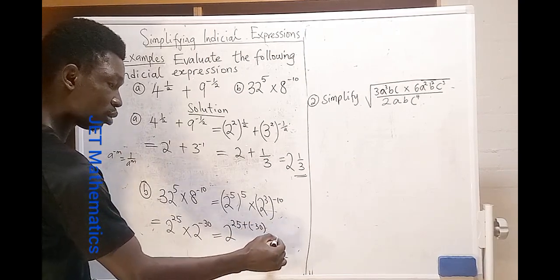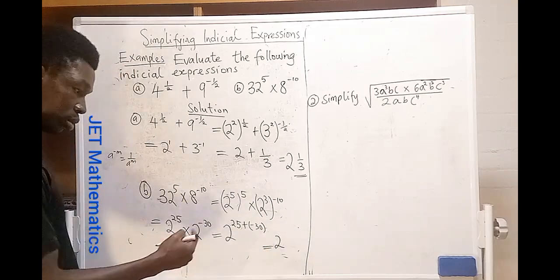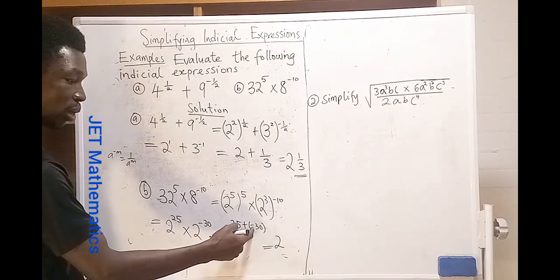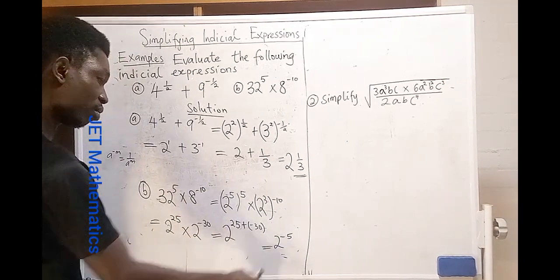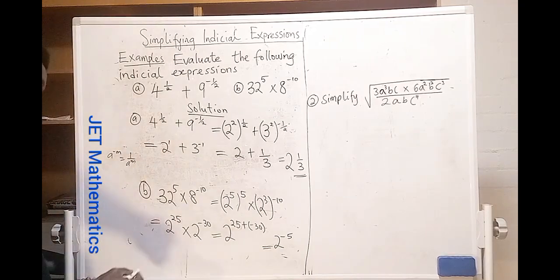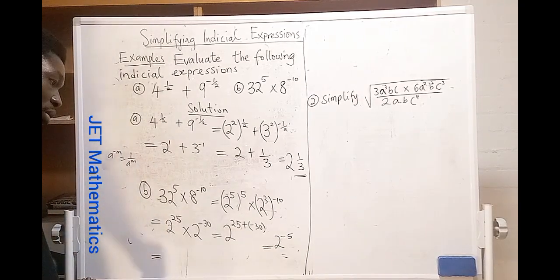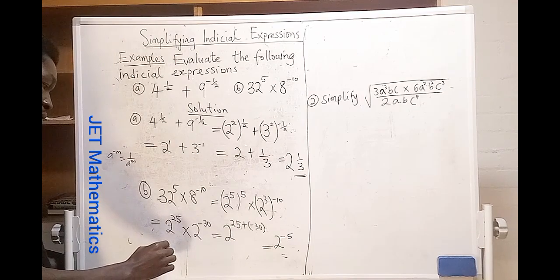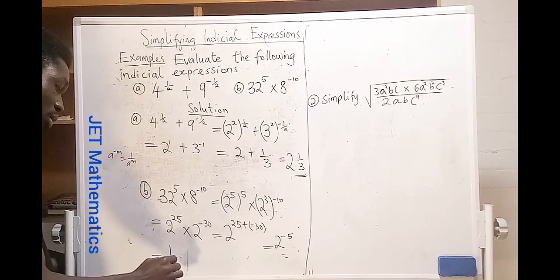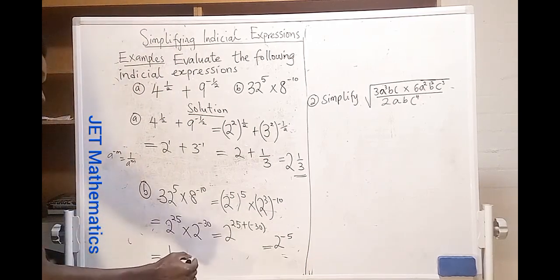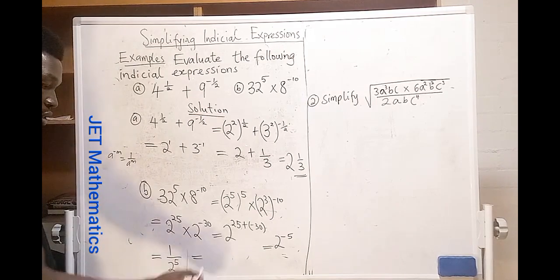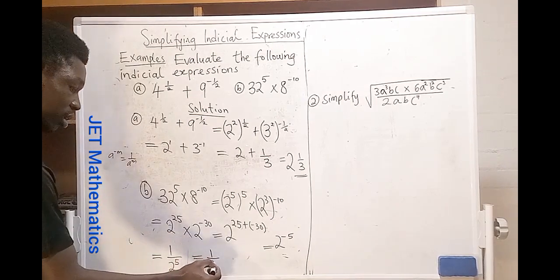So that gives us 2 raised to the power of 25 minus 30, which is minus 5. Which is the same as writing 1 over 2 raised to the power of 5. Applying this law here, that gives us 1 over 32.